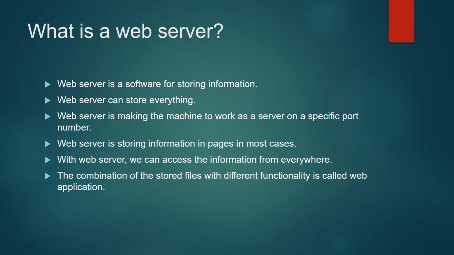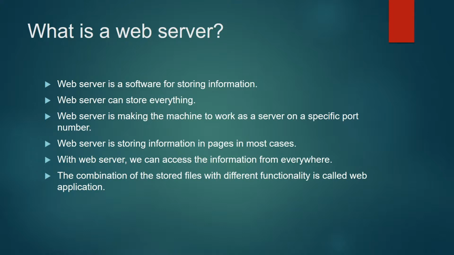When the server is uploading pages like HTML pages, what happens is basically the browser is interpreting and compiling the code of that page, and it shows the results to you. So the web server is also making your machine act like a server on a specified port, for example 80 or 8080.